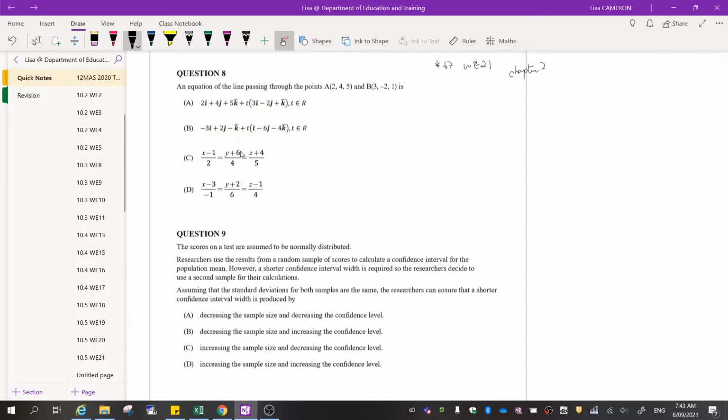The first thing we're going to do is state our vectors. I've got O to A and O to B. From the origin to A, it's 2, 4, and 5. And from O to B, it's 3, -2, and 1. When we're trying to get a vector equation, we use the formula r equals a plus kd.